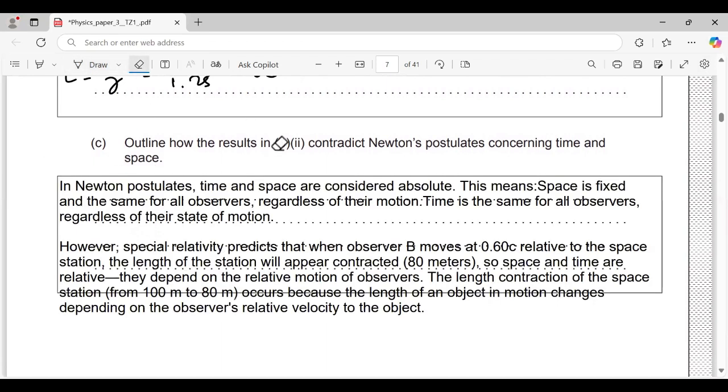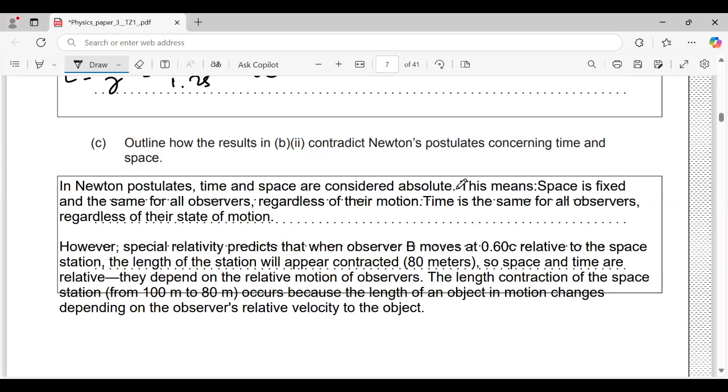Outline how the result in part B contradicts Newton's postulates concerning time and space. I have provided my answer here. In Newton's postulates, time and space are considered absolute. This means space is fixed and the same for all observers, regardless of their motion.